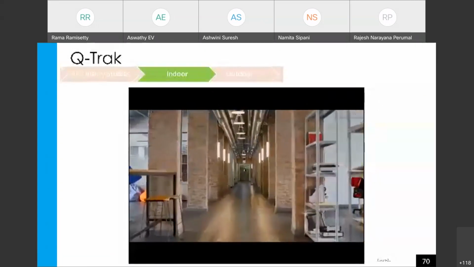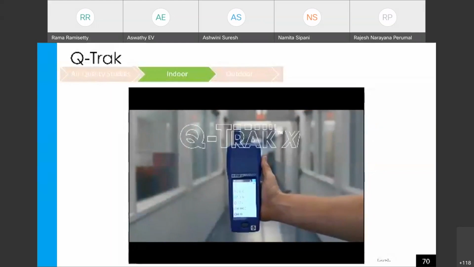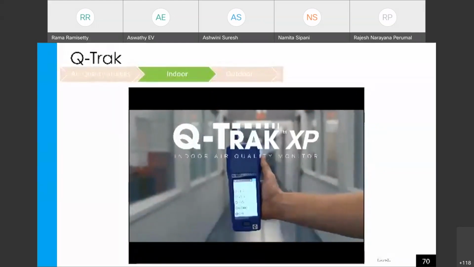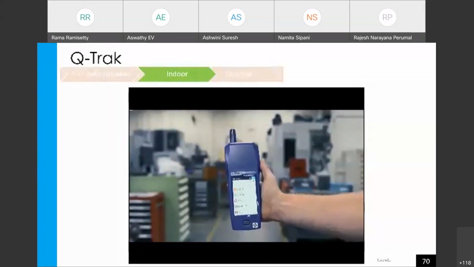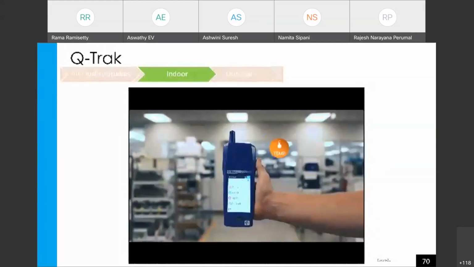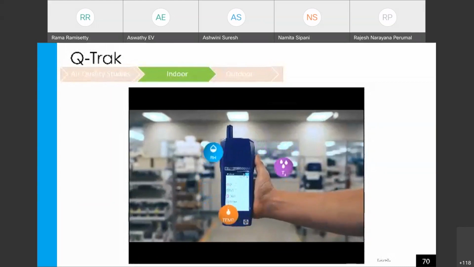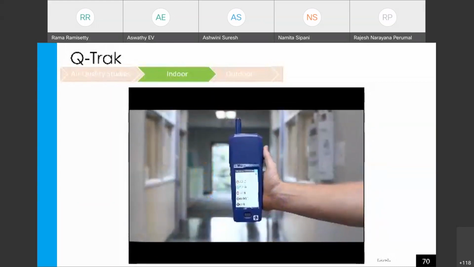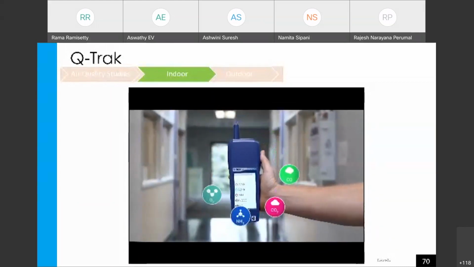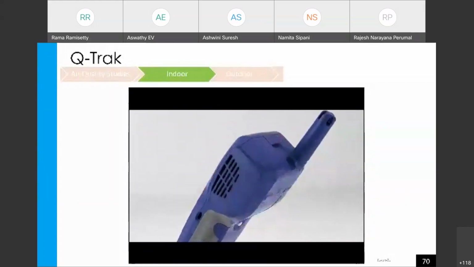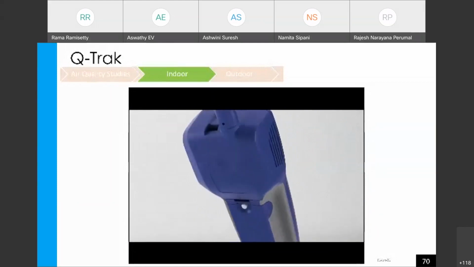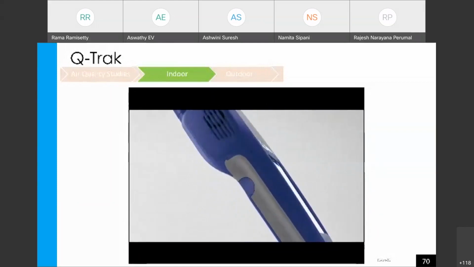Measuring your indoor air quality has never been easier with the Qtrack XP Indoor Air Quality Monitor. This monitor is a field expandable instrument that simultaneously logs standard IAQ parameters, along with mass concentration measurements and 6 different types of gases. This flexible, lightweight instrument can be configured, customized, and expanded to meet the increasing demands indoor air quality professionals face.